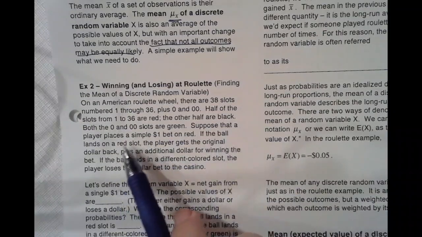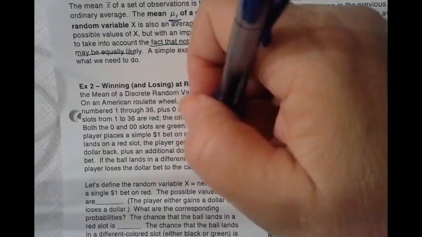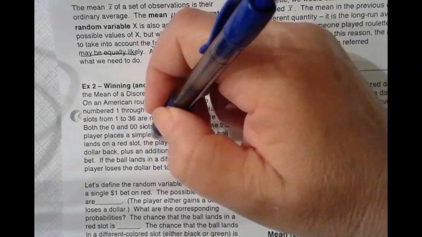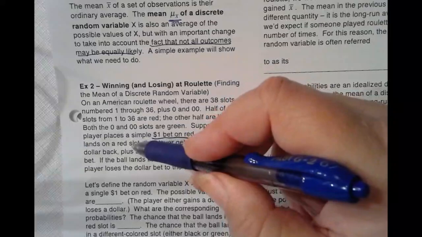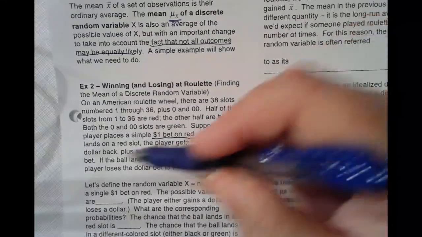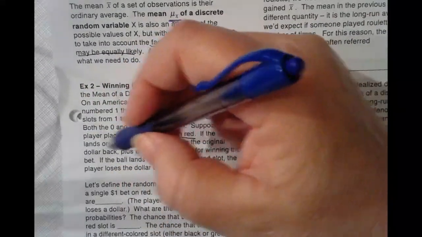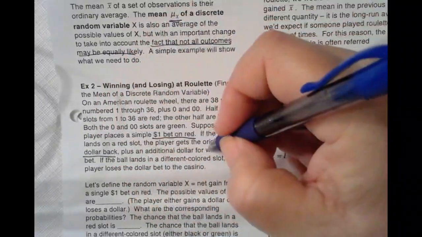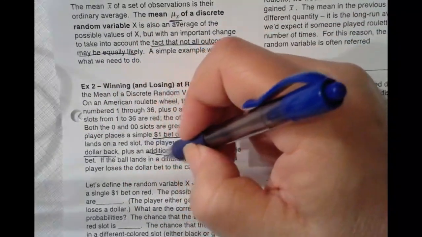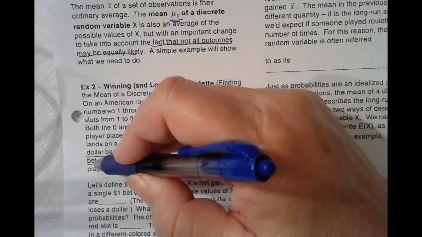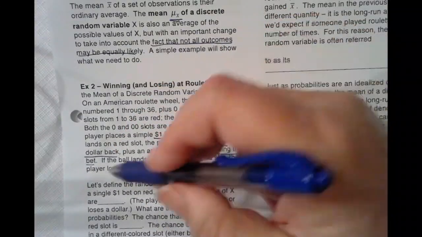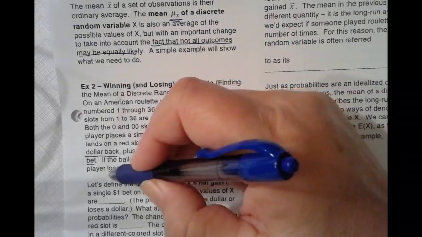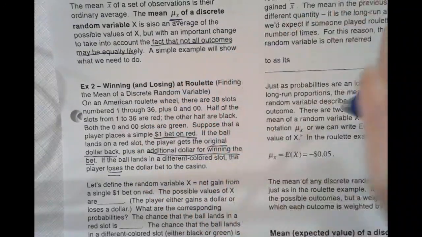Suppose that a player places a simple $1 bet on red. If the ball lands on a red slot, the player gets the original dollar back, plus an additional dollar for winning the bet. If the ball lands in a different color slot, the player loses the dollar bet to the casino.